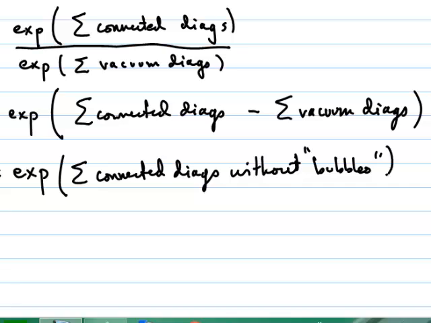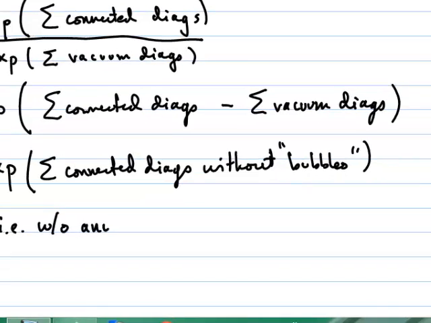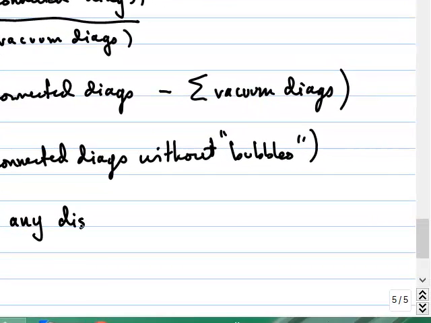That is to say, without any completely disconnected piece that doesn't have external lines.